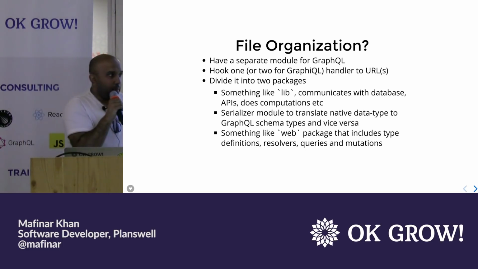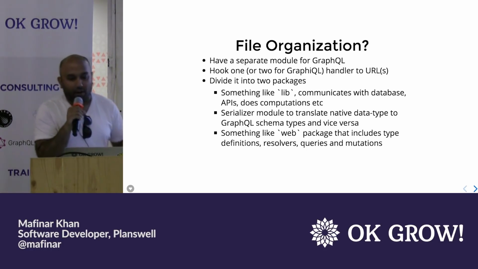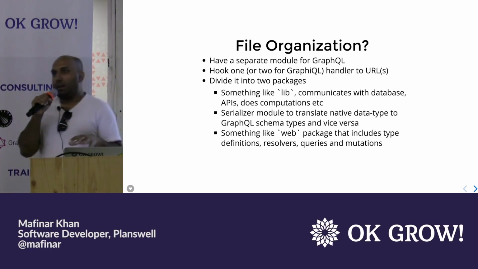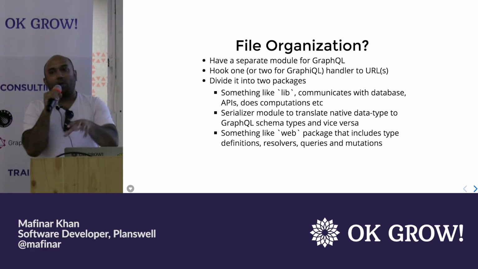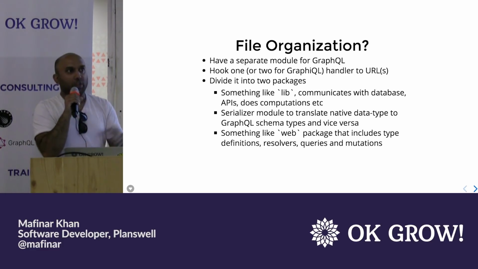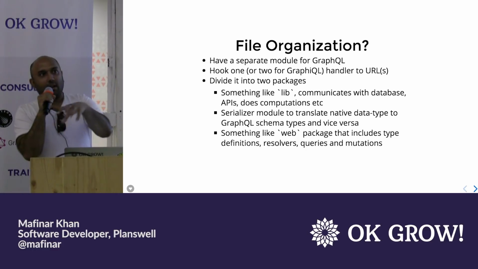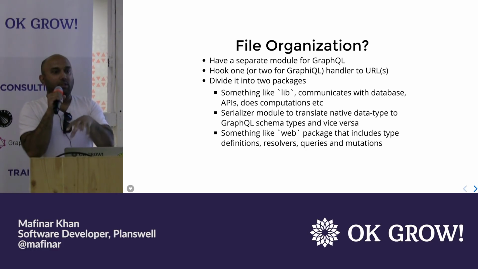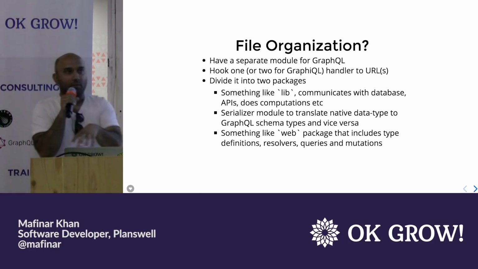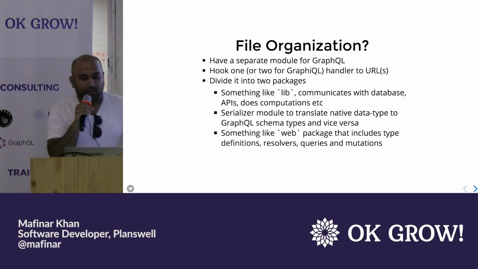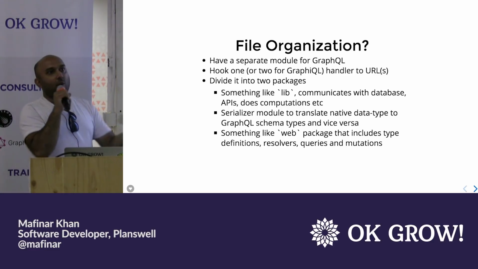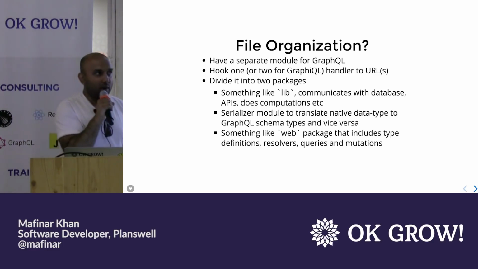After a lot of iteration, the final way of doing things was that in my backend code, I created a separate module entitled GraphQL, which is like a plugin, and it is only responsible for GraphQL kinds of things. That has two parts. The first part is lib, and the other one could be web or API or whatever.